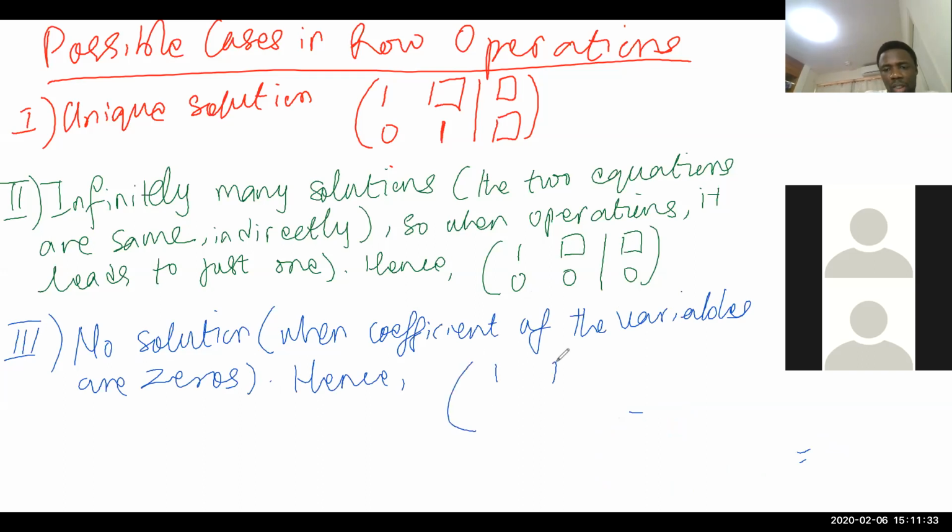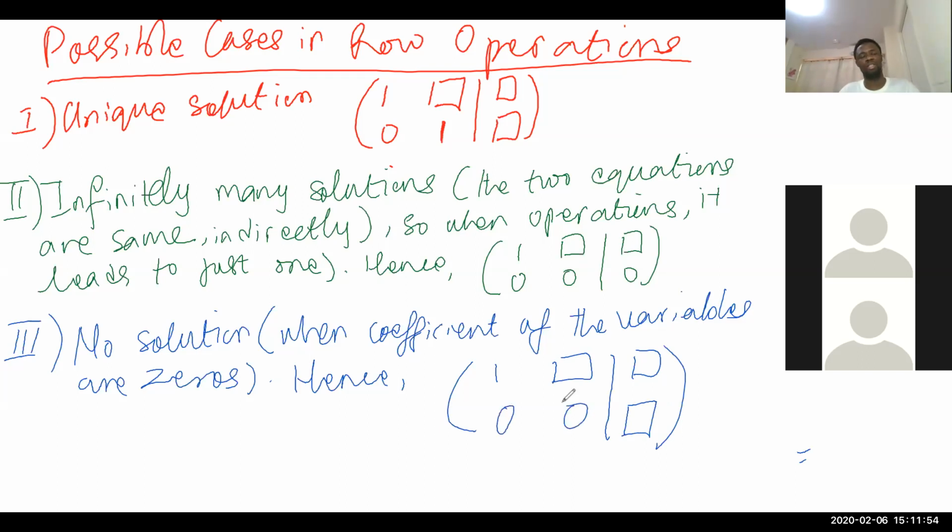Of course, that could be anything, this could be anything, and this will be anything as well, because the condition is not on the results, the constants on the right-hand side. The condition is on what you have on the left-hand side. Can you see the difference?